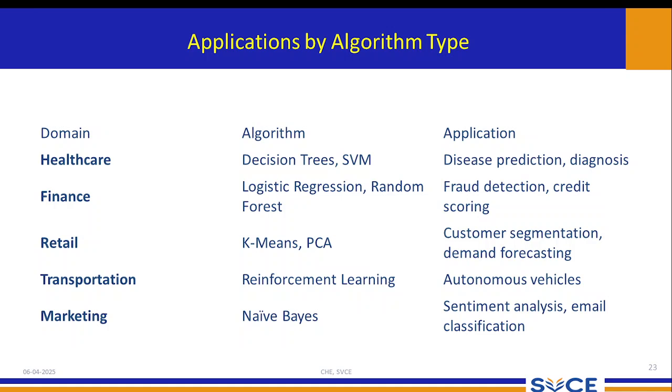So application for healthcare is disease prediction or diagnosis, for finance, fraud detection and credit scoring, retail, customer segmentation, demand forecasting, transportation, autonomous vehicles, marketing, sentiment analysis or email classification. Okay, sentiment analysis. Obviously based on the marketing, because how we market the things, that is very, very important.